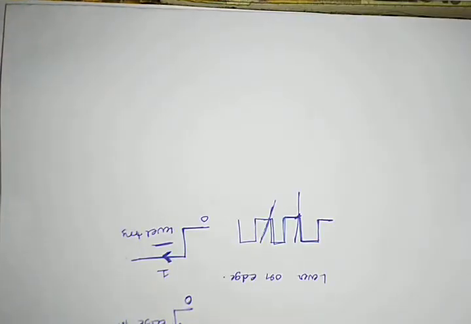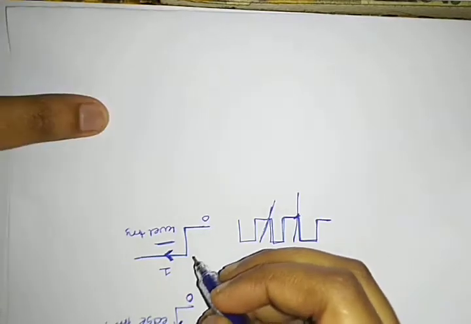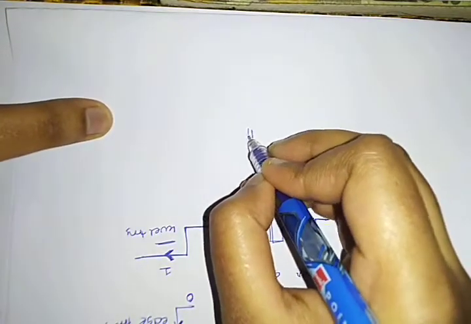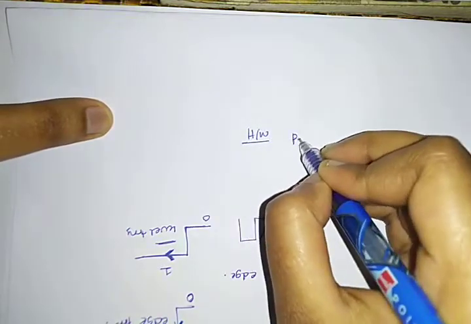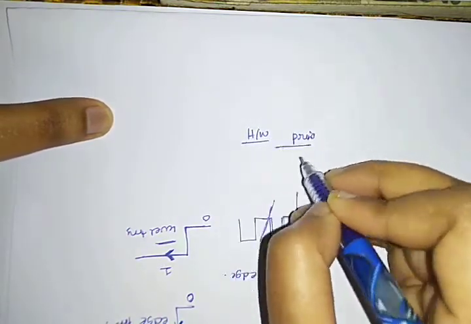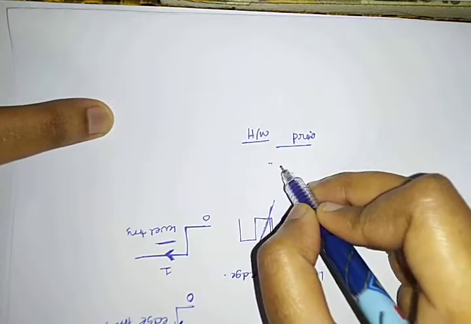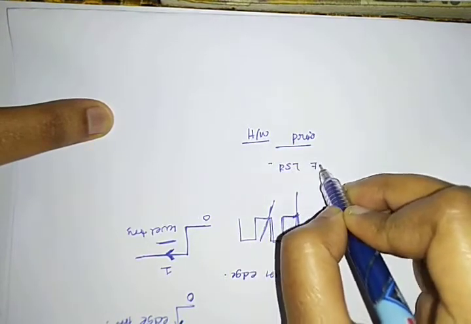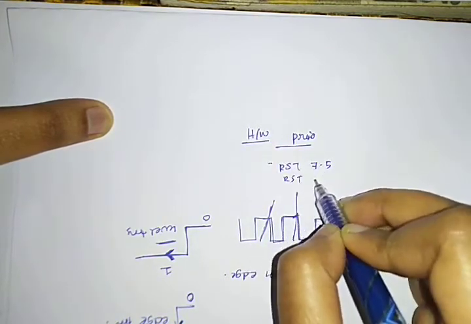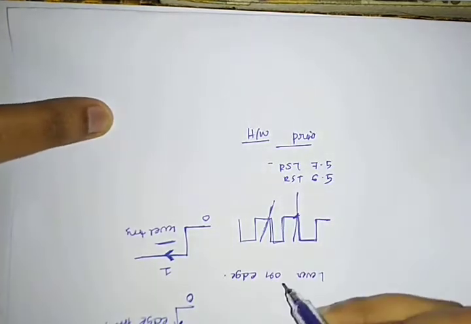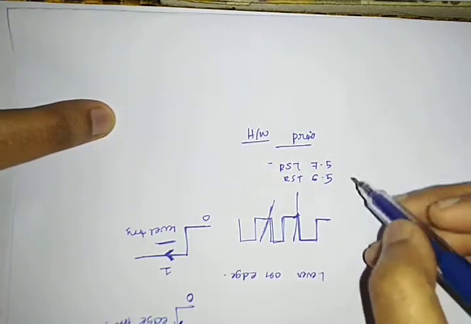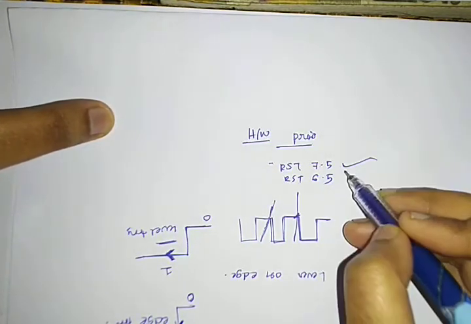Before I start my diagram, I want you to know some properties. Suppose in hardware interrupts we have priorities. So if we are doing some task and suppose 2 interrupts occur, RST 7.5 and 6.5, which will get performed first? 7.5, then 6.5.